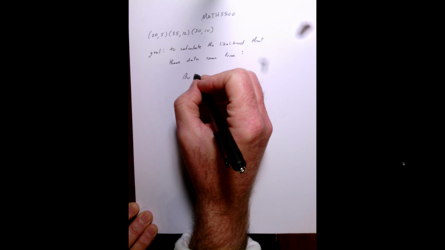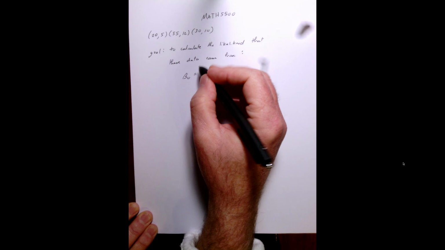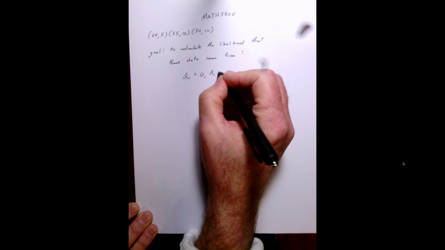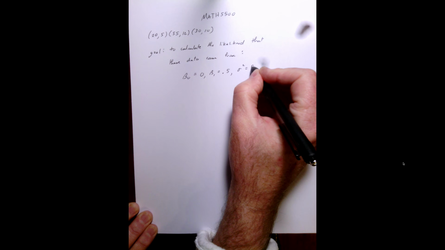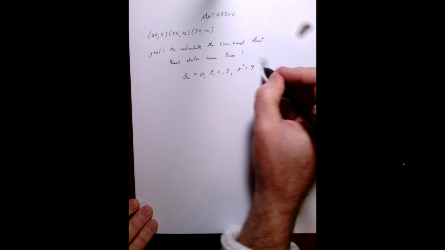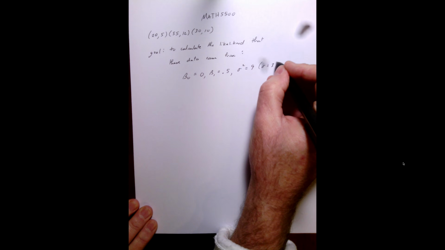Let's say beta 0 is equal to 0, beta 1 is 0.5. Let's say the variance is 9, so we know that the standard deviation is equal to 3.